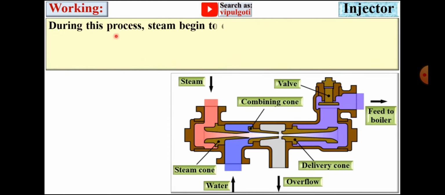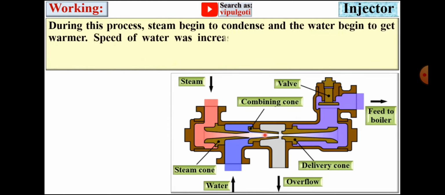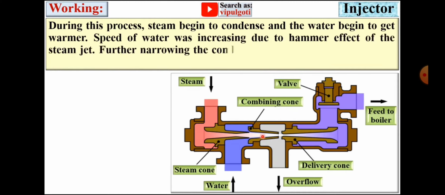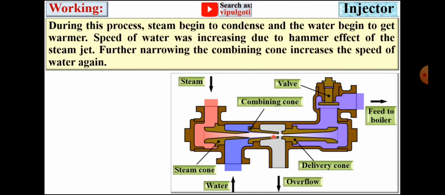Next, during this process, the steam begin to condense and the water begin to get warmer. Speed of water was increasing due to the hammer effect of the steam jet. Further, narrowing the combined con, here you can see, increases the speed of water again.